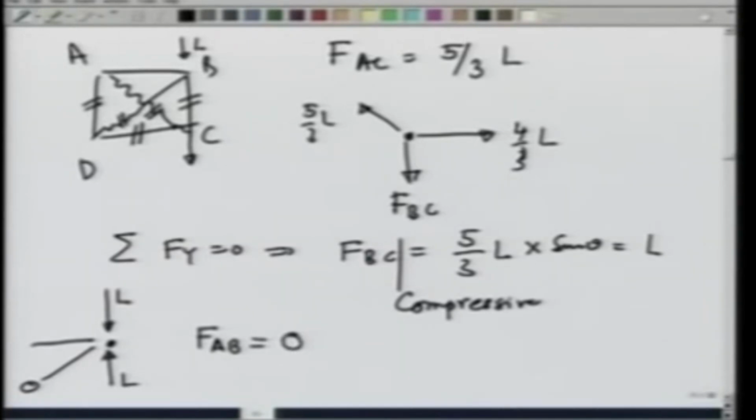This follows from the condition summation Fx equals 0 on B.